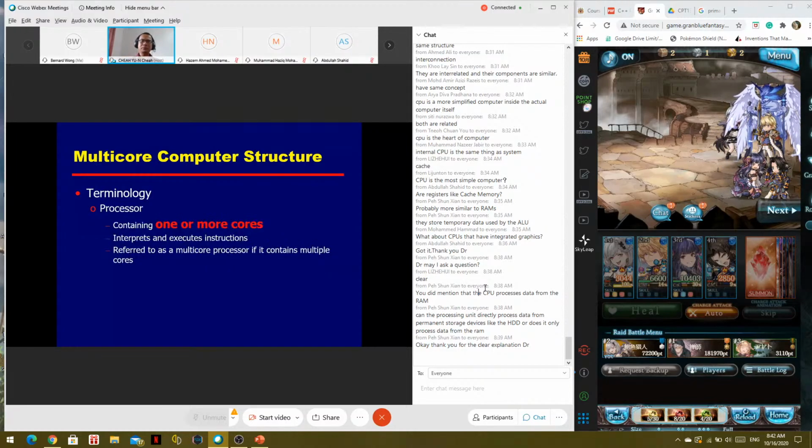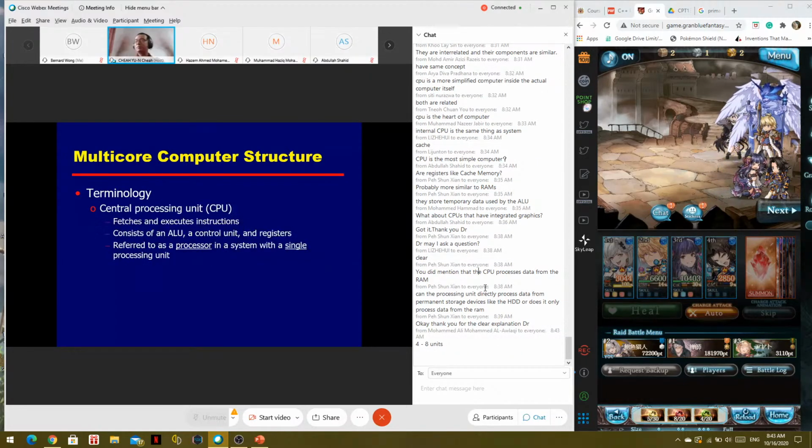Now, what is the processor? The processor is a very general term. It might have one or more cores, like I mentioned earlier when we talked about the CPU. If you have just one core, that one core machine is also your CPU and your processor. It is just a general term.